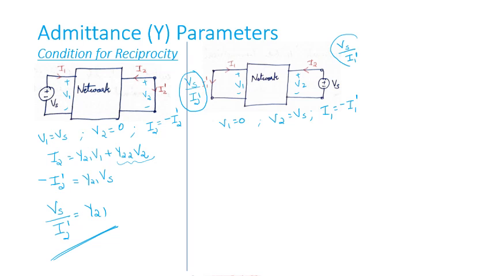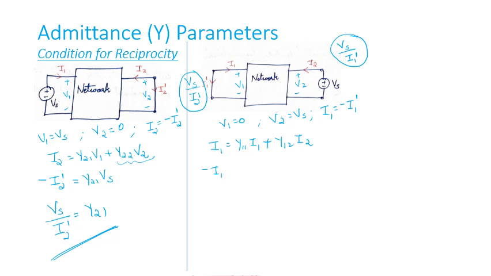So, the excitation to response ratio Vs by I1 dash, that we have to find out. Now, from the Y parameter equation, I1 equal to Y11 into V1 plus Y12 into V2. Substitute the values.